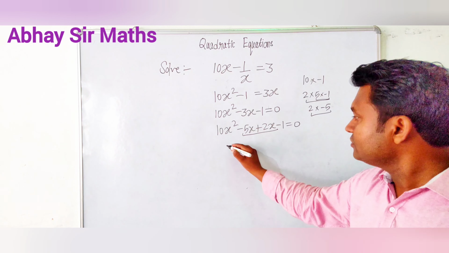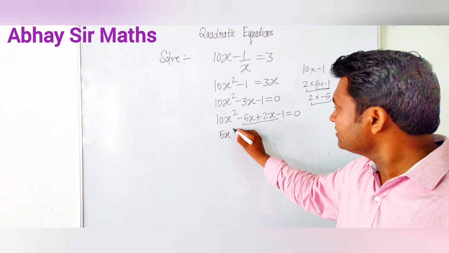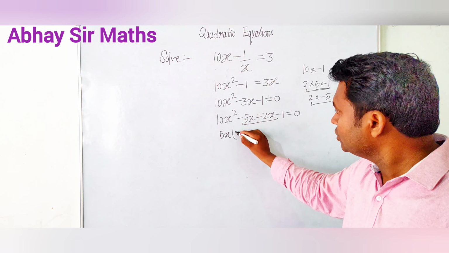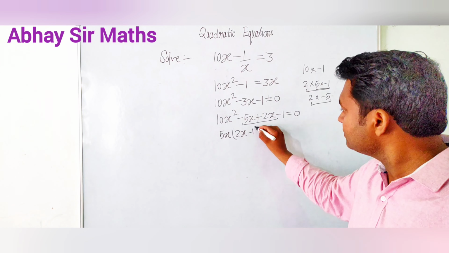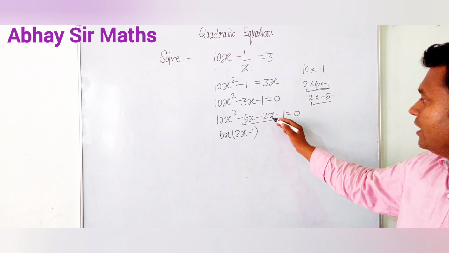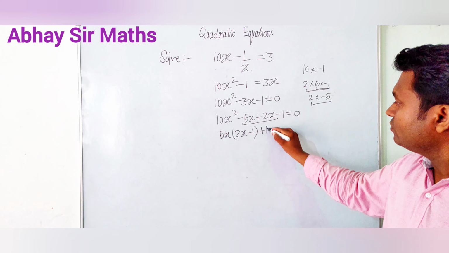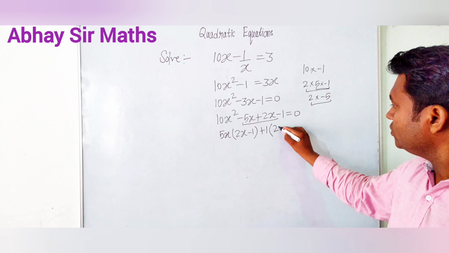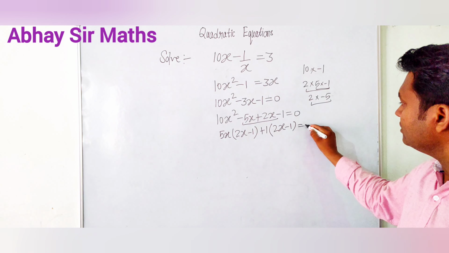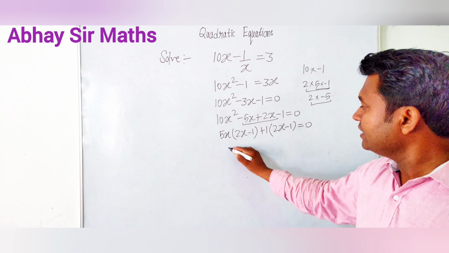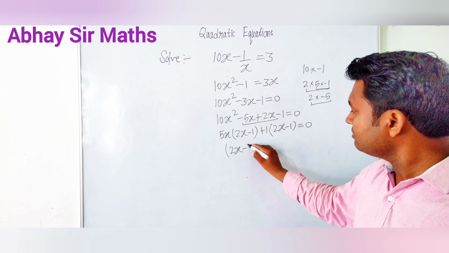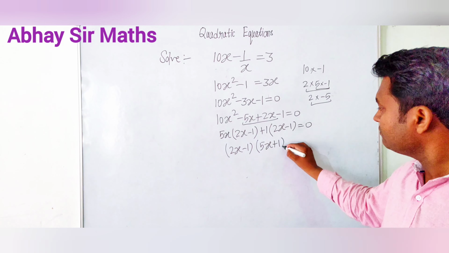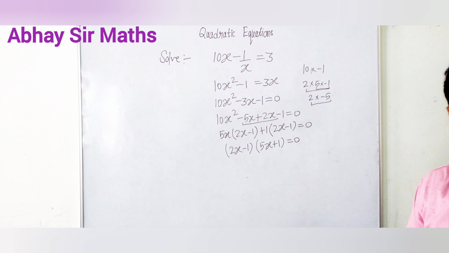Now take common. So we have 5x, and what is inside? Sorry, students, here it will be 2x minus 1. And again take common here. Nothing is common, it means 1 is common. So 2x minus 1 equal to 0. Now the thing inside the bracket is common, so 2x minus 1, and then we have 5x plus 1 equal to 0.